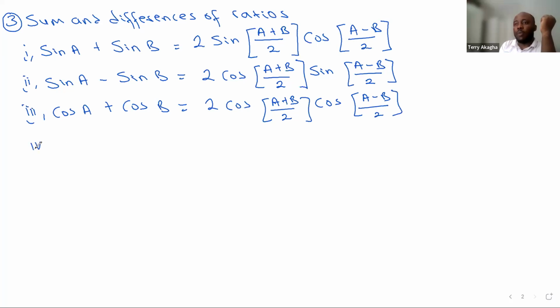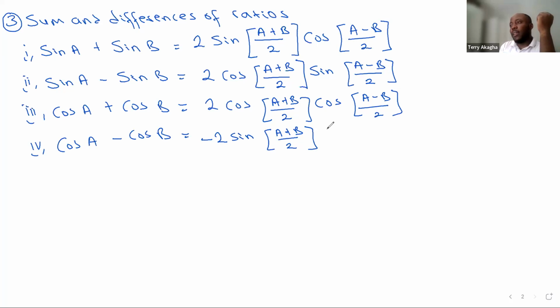Then number 4, we're going to have the subtraction now. So cos A minus cos B will be, in this case, minus 2 sine (A plus B) over 2 and sine (A minus B) over 2. And that will be that for that.